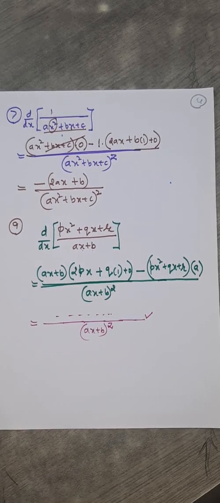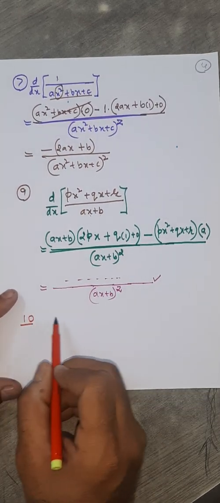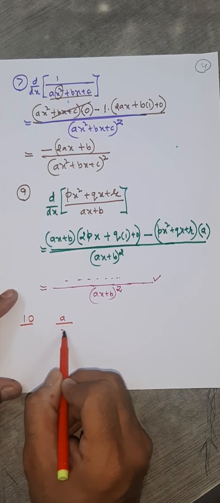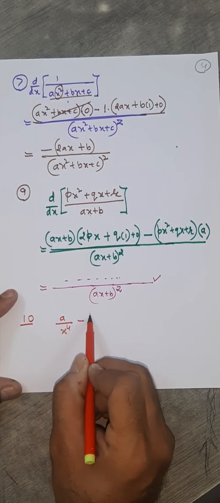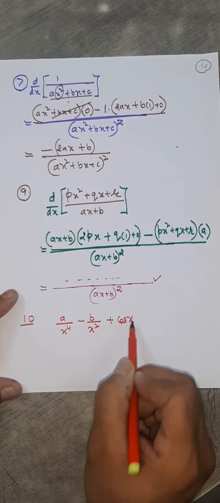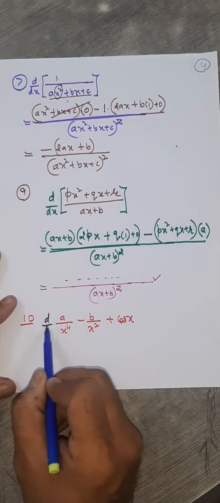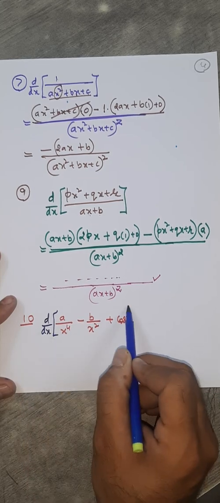Next question. Question number 10. In the 10th question, you have a by x raised to 4 minus b by x square plus cosine x. There are 3 terms. We want the derivative of this function. So here d by dx of this expression.